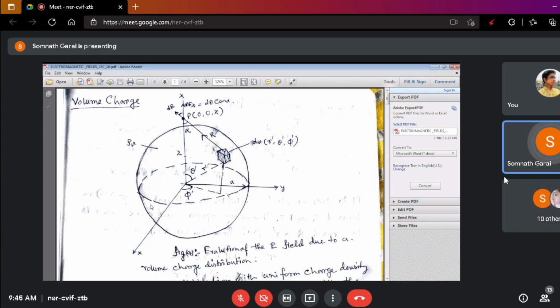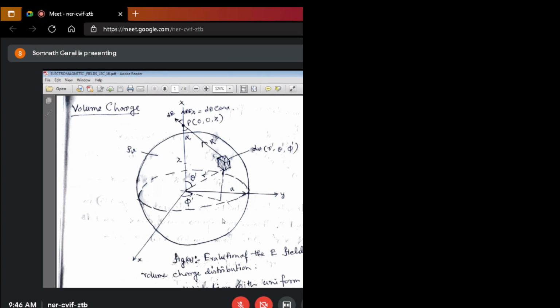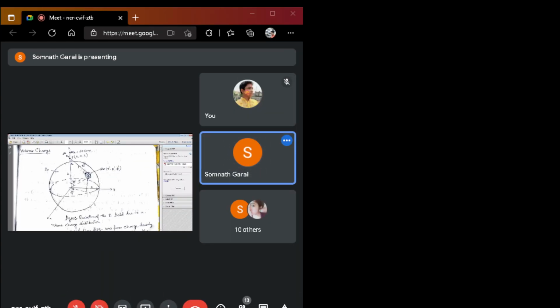That means the charge density at every point of the volume is the same: here it is rho v, here it is rho v, here it is rho v. At any point of the volume the charge density is the same. That is the explanation of the figure.